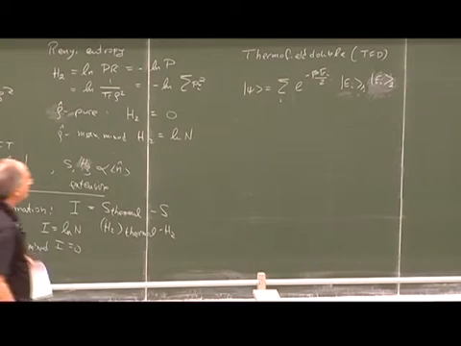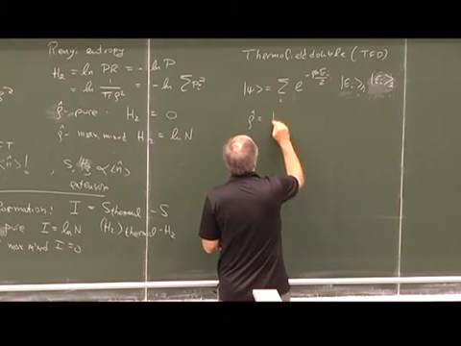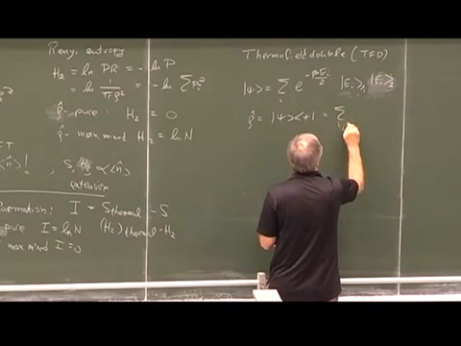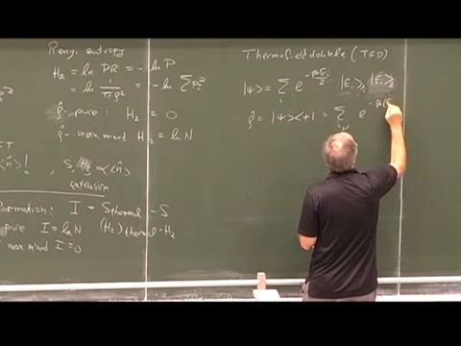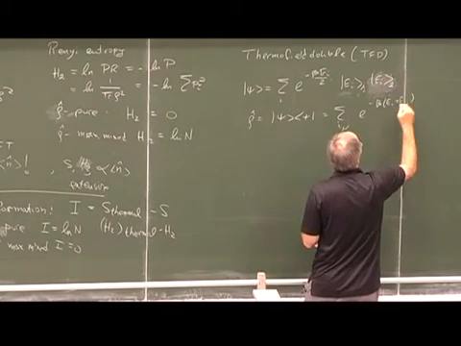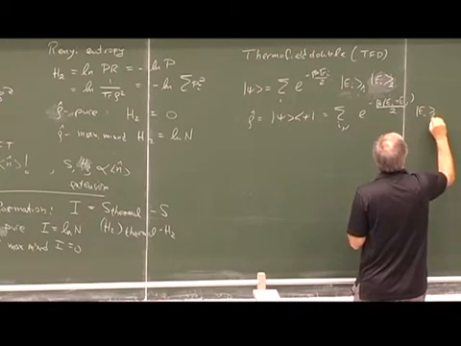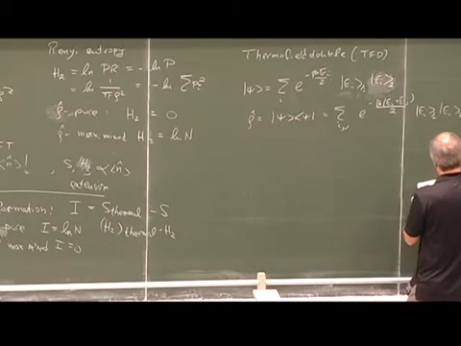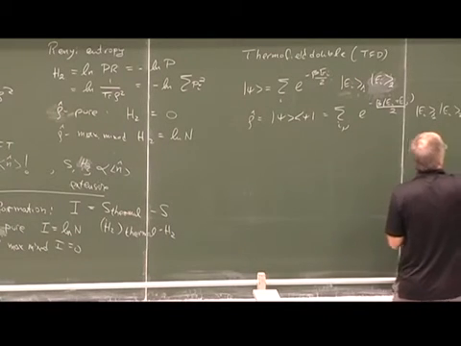And the reason is the following. If you look at the density matrix of this state, it's the sum over i, j of e to the minus beta (Ei plus Ej) divided by 2, times |Ei,1>|Ei,2> <Ej,1|<Ej,2|.